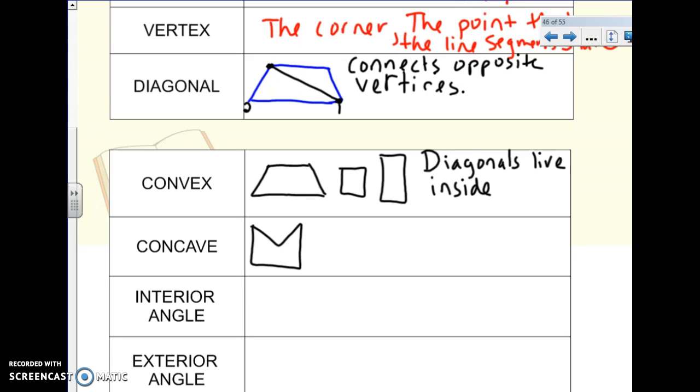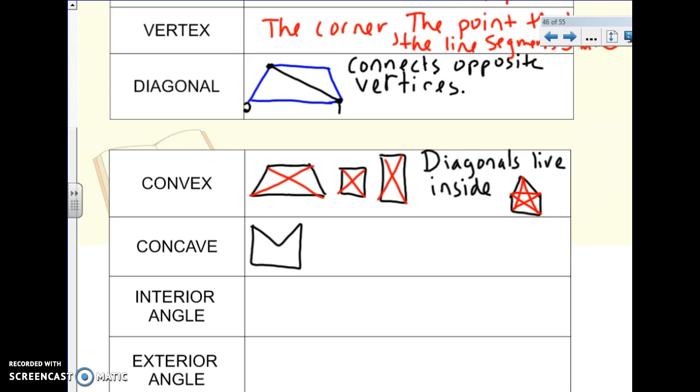So if I were to draw all my diagonals on these quadrilaterals, or I could, if I felt like it, draw a pentagon, and if I drew all the diagonals, actually, let's do that. Draw a little house. Meep, meep, meep. That's my favorite pentagon. And I draw all the diagonals. I get a star because there's 5 sides.